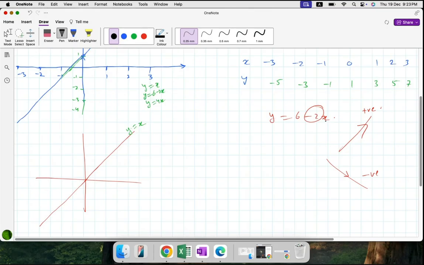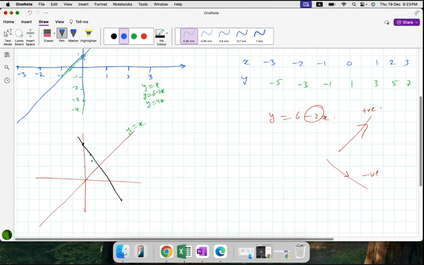So if x is 0, we can see that y is 6. Let's say 1, 2, 3, 4, 5, 6. And when x is 1, y is 4. So at x = 1, it is 1, 2, 3, 4. So we'll have that line drawn like this. Then the third one is y = 4x.